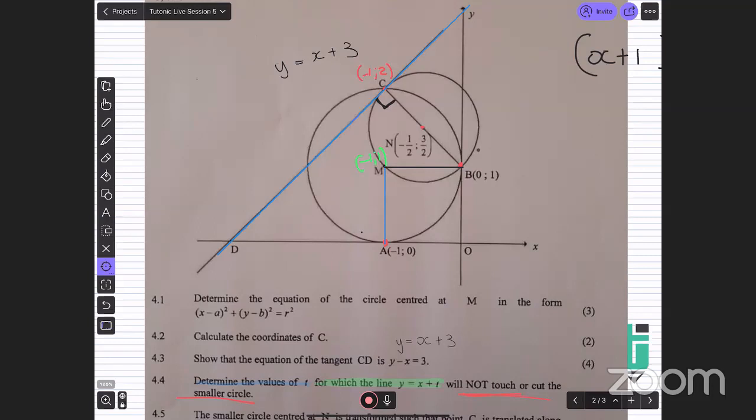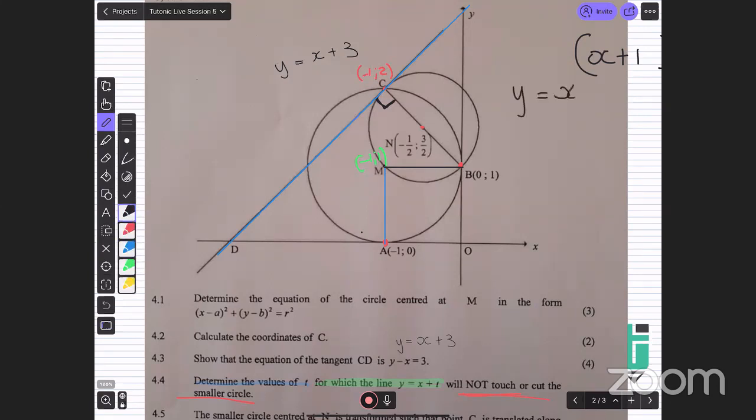I'm saying for the line to not touch the circle, shouldn't t be greater than 2 or less than 1? Where do you get the 2 from? The -1 and 2. But this is just the coordinate of C.